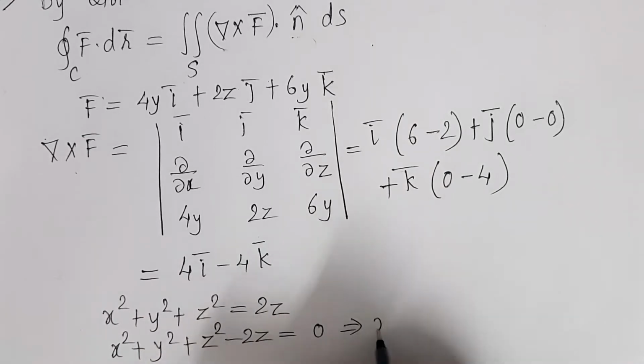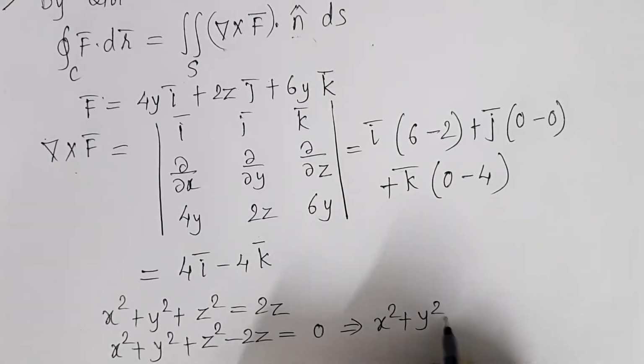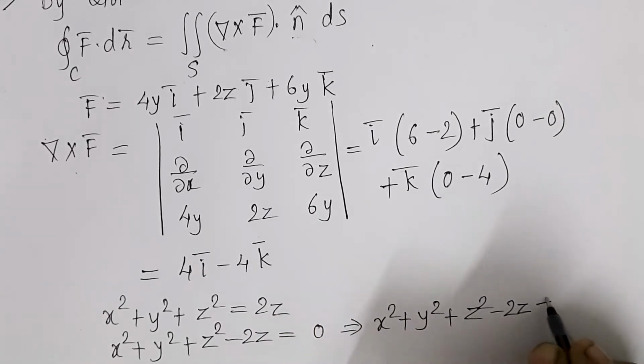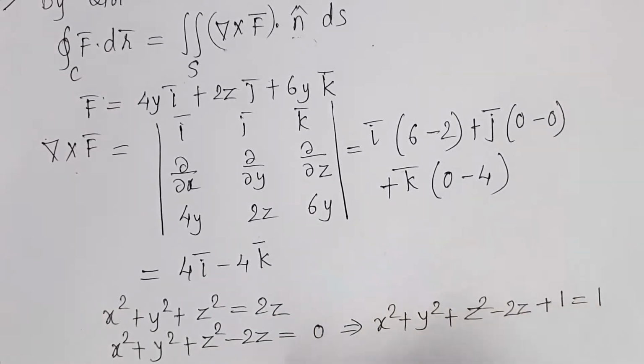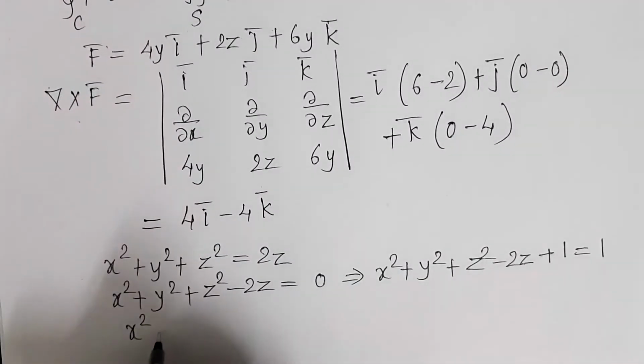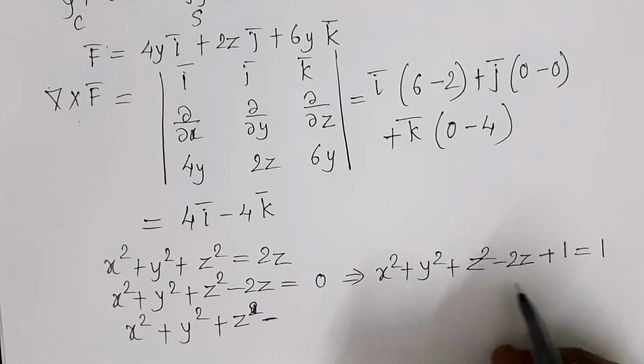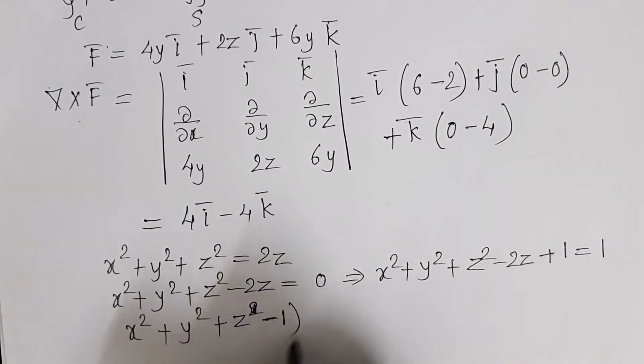To convert it into a complete square, we add 1 on both sides. So x square plus y square plus z square minus 2z plus 1, which is z minus 1 whole square, is equal to 1.